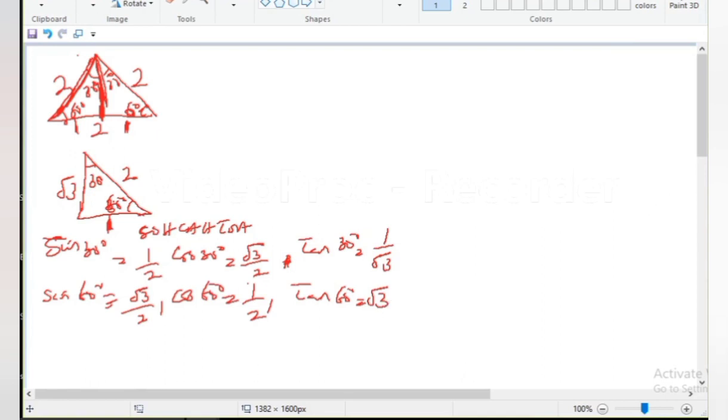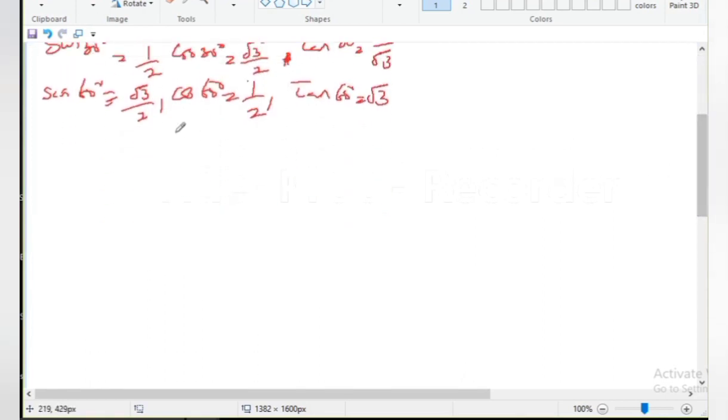Then let's say you have a right-angled isosceles triangle, where this side equals this side, 1 and 1.